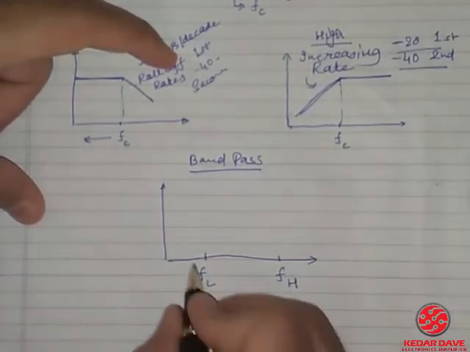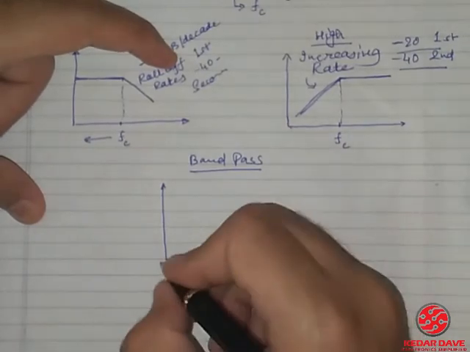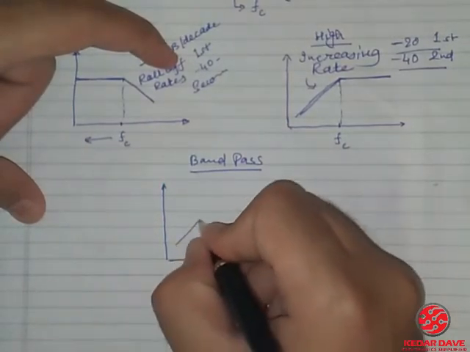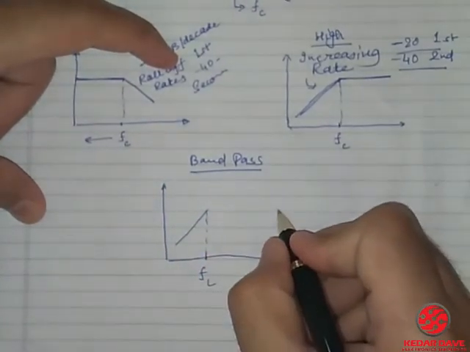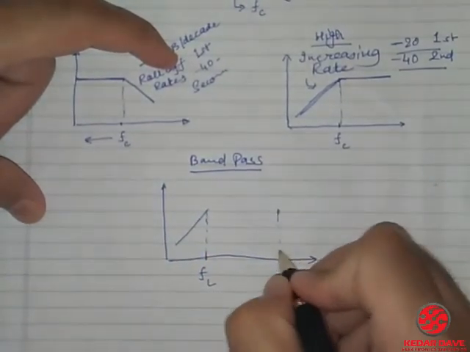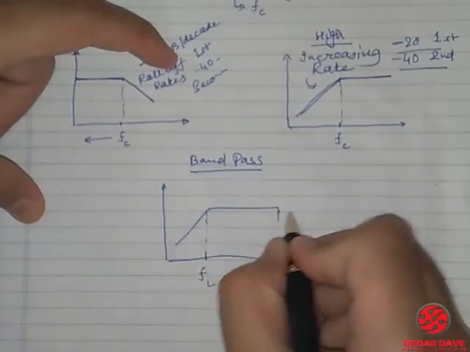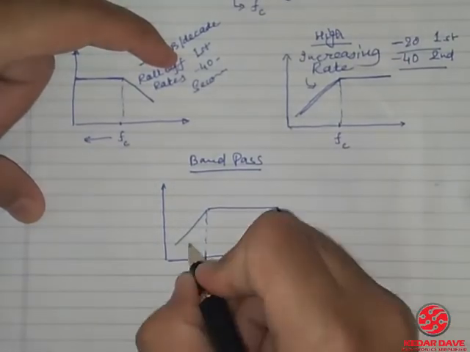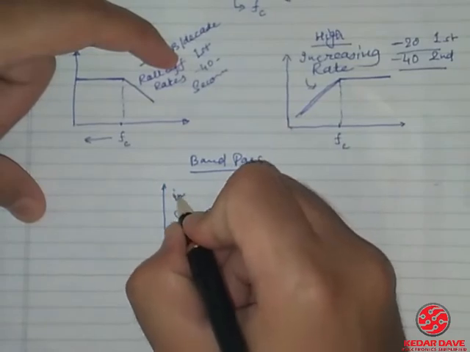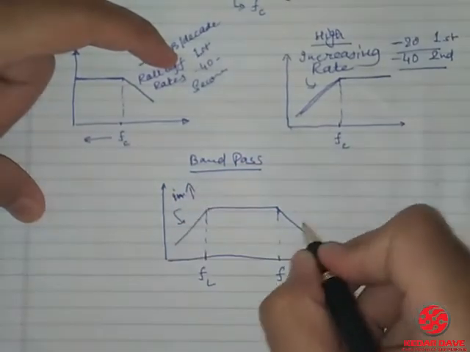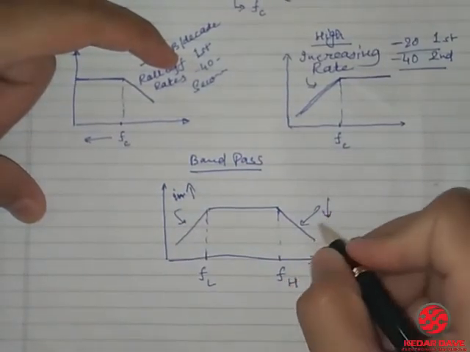Both of these frequencies will allow a particular band of frequencies up till a particular value. After that, here it will be increased, and here it will be decreased, right?